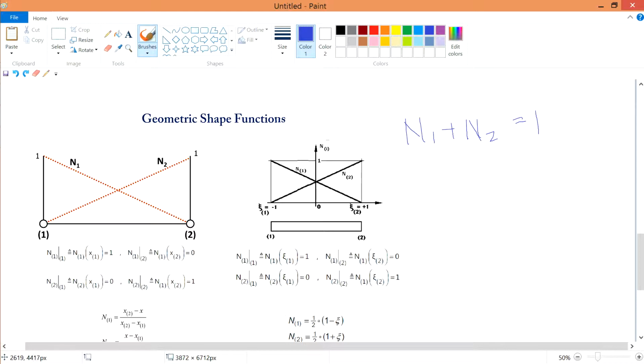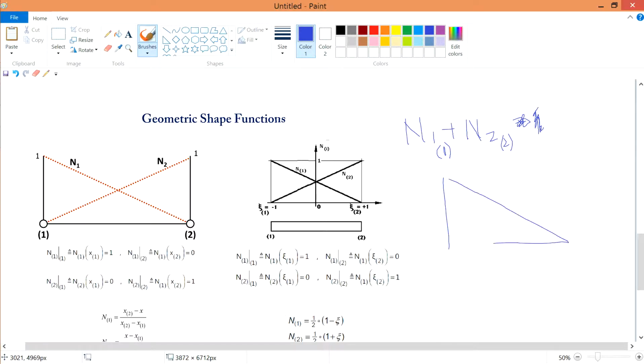However, this may not be the case, because we are talking about N1 at node 1 and N2 at node 1. If it's N1 at node 2 and N2 at node 2, then it can also be equal to 1. However, if it's N1 at node 1 and N2 at node 2, then this shouldn't be 1 anymore. This should be some form of vectors already, telling you there's a displacement.